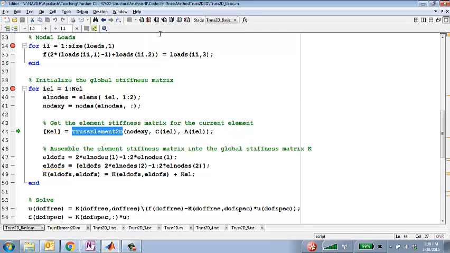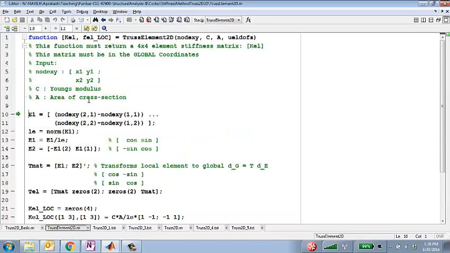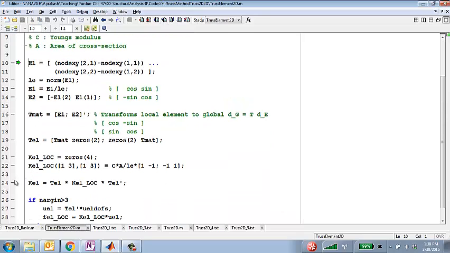So let's see how that's constructed. I'll go into this subroutine by choosing step in. Last time I also showed you how to construct this transformation matrix. Clearly, since this is an inclined element, the transformation matrix of cosine, sine, minus sine, and cosine is non-zero.